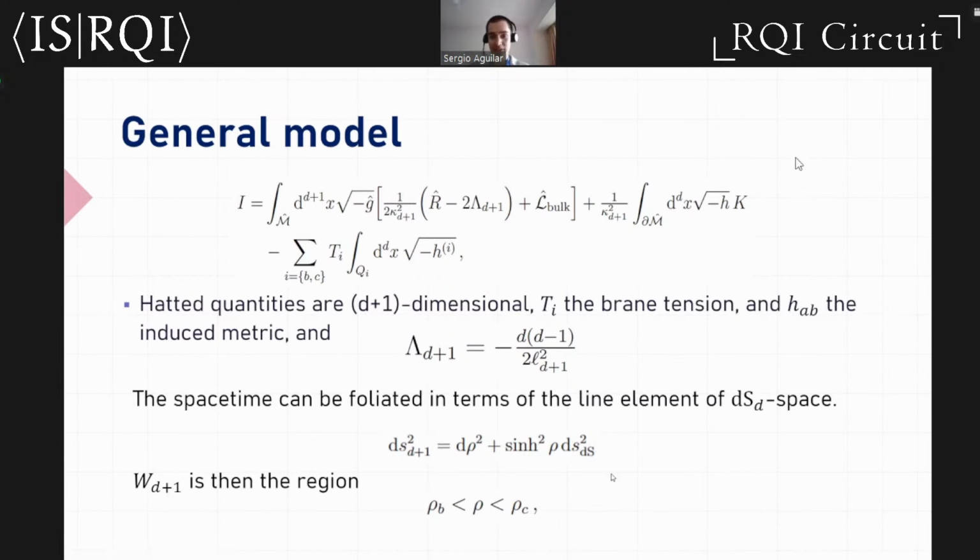In this case, we were using these global AdS coordinates, where we have some de Sitter foliations for AdS, and this way we can delimit the location of the bulk in the wedge holographic model between the UV and the IR, which we represent with subindices in this particular way.